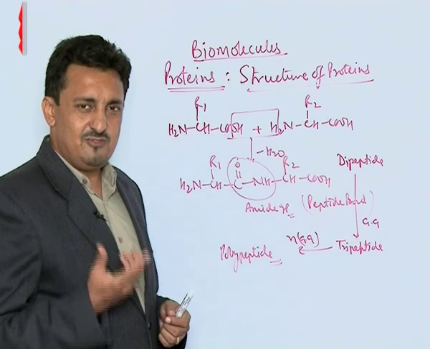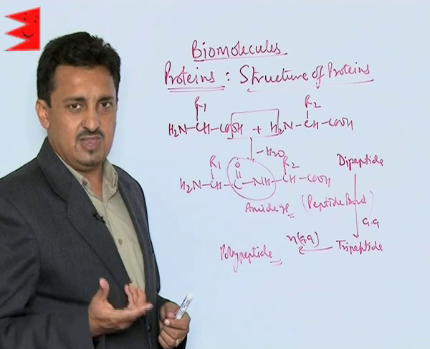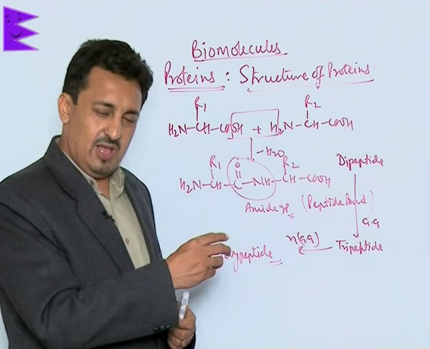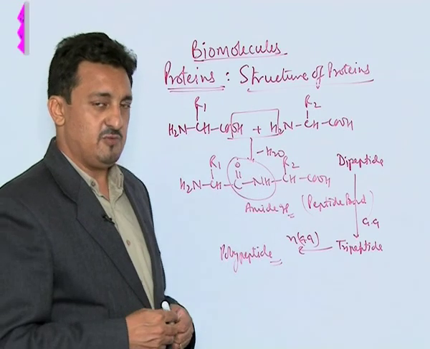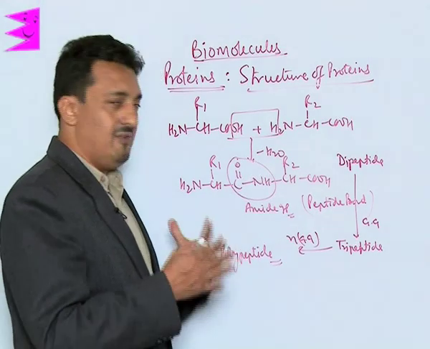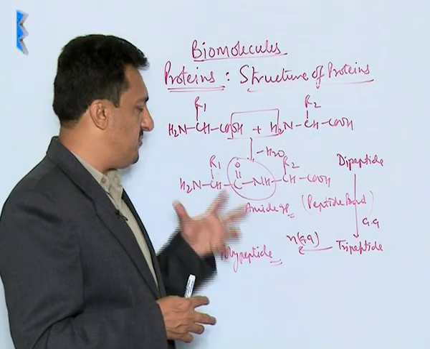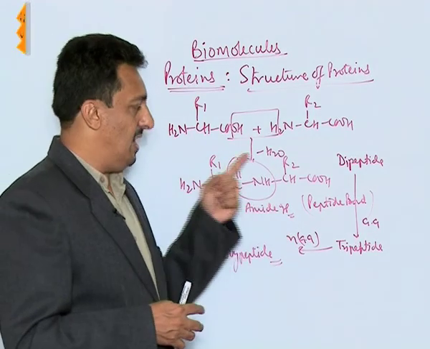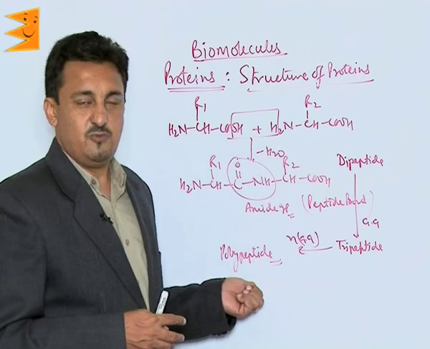An example is insulin, which contains just 51 amino acids and is an independent protein. That is actually a linear chain of 51 amino acids. So that is how the complexity is. But what we have to understand is these peptide linkages and how the polypeptide chain is formed.